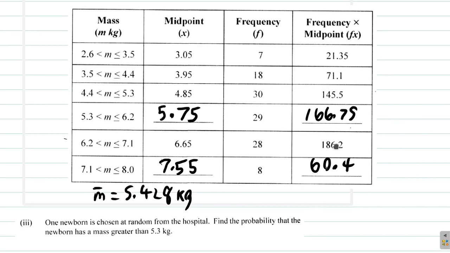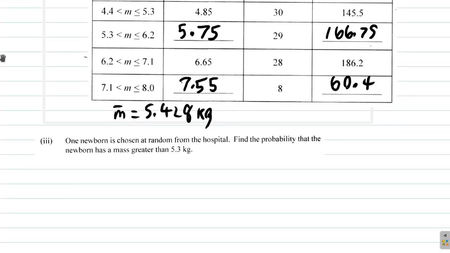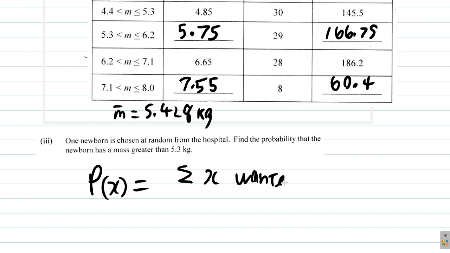Now, probability. One way to put it, let me put it in my own words. The probability of X occurring would be how many X's that you're looking for, the sum of X's that are wanted divided by the sum of all X's that you have available, right?